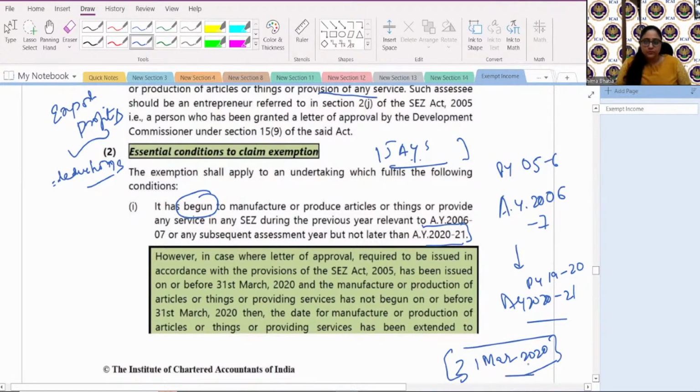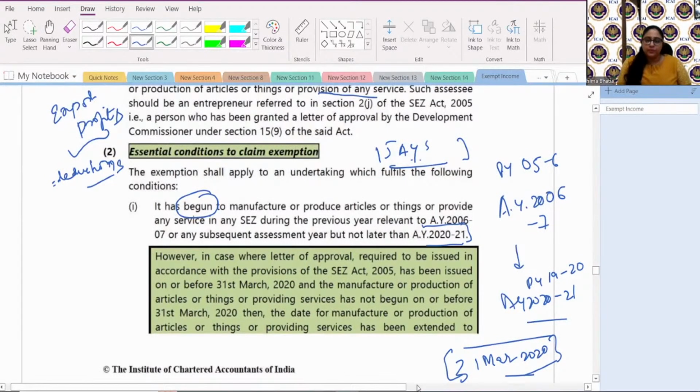Is it clear? Now, because of COVID, many organizations made a reference that they were unable to start the manufacturing by 31st March 2020, because the last 2 months were heavily impacted by COVID.